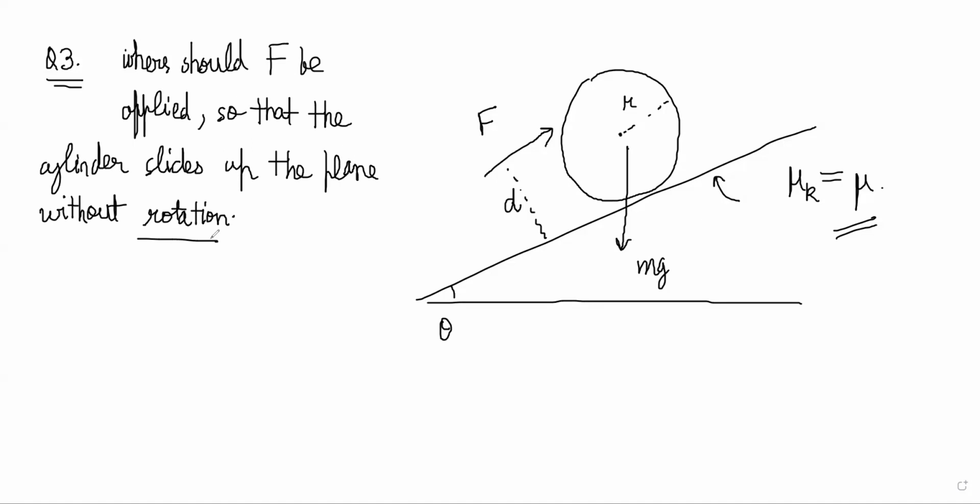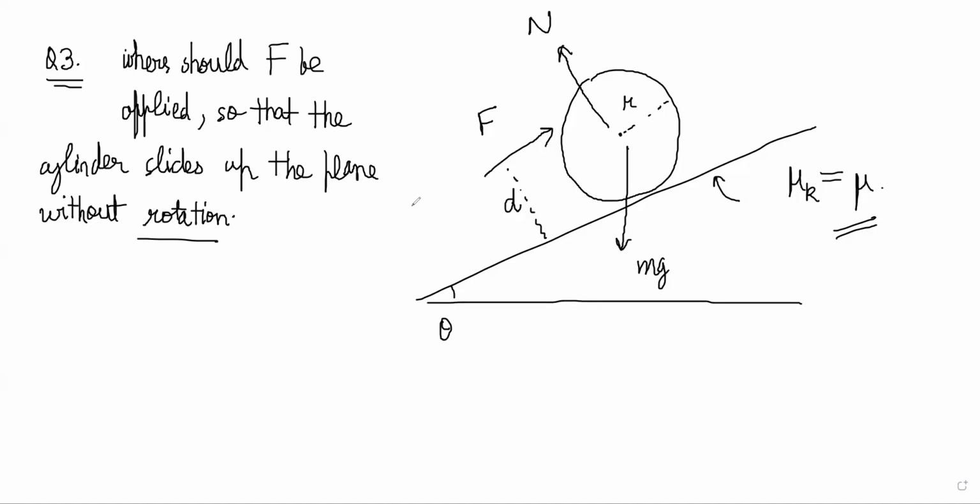Okay. So in this particular question, you have to understand what it means to slide up the plane without rotation. The forces acting on the cylinder are this F force, the normal force from the inclined plane, gravity, and friction.